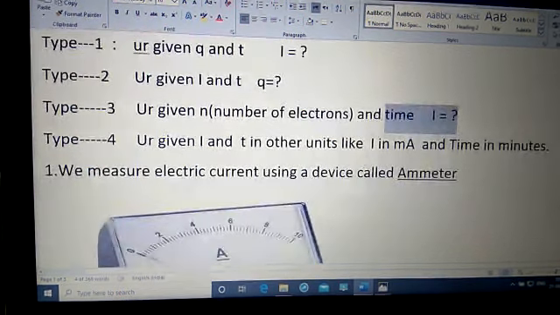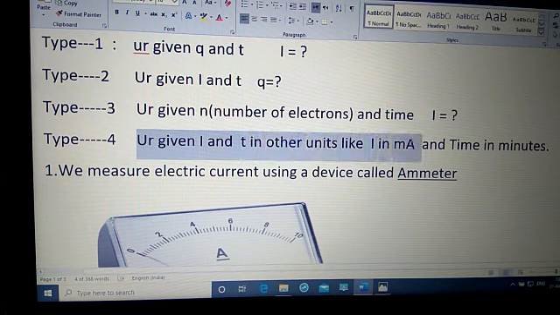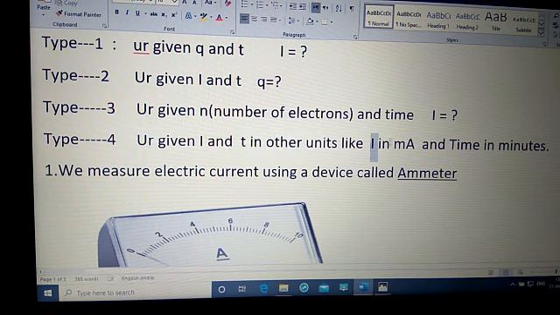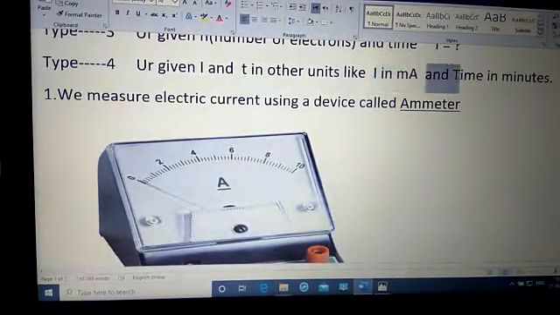Here we use the equation I is equal to Q by T. Since Q is not given directly, in place of Q we know that Q is equal to N into E. We substitute N into E and then simplify. In the last type, you are given the current and time in other units, smaller or larger units, like current given in milliampere, or the time given in minutes.